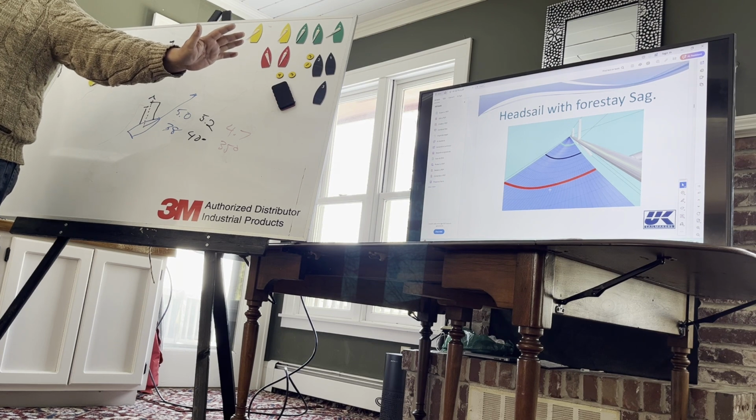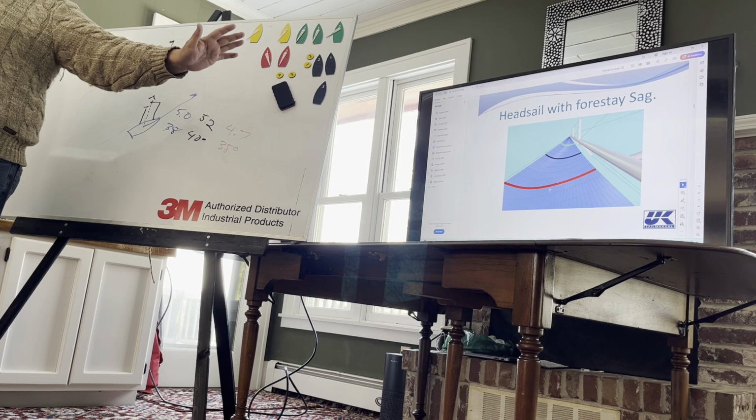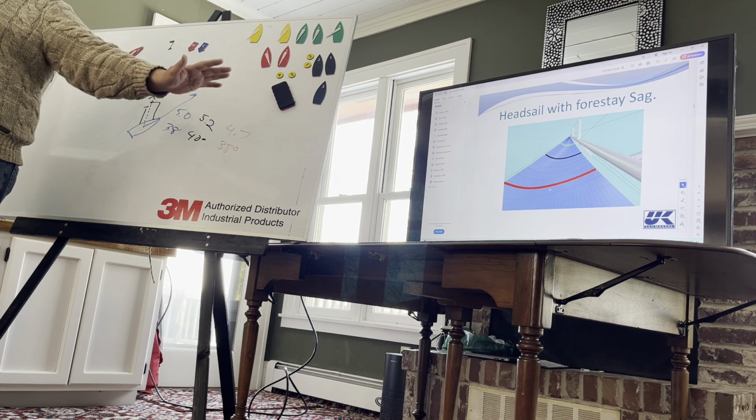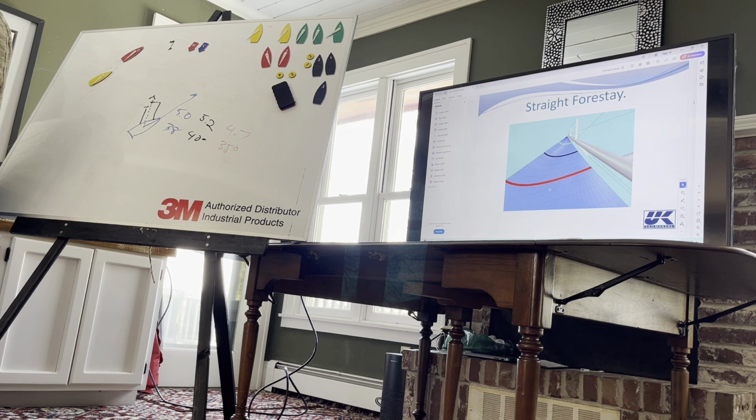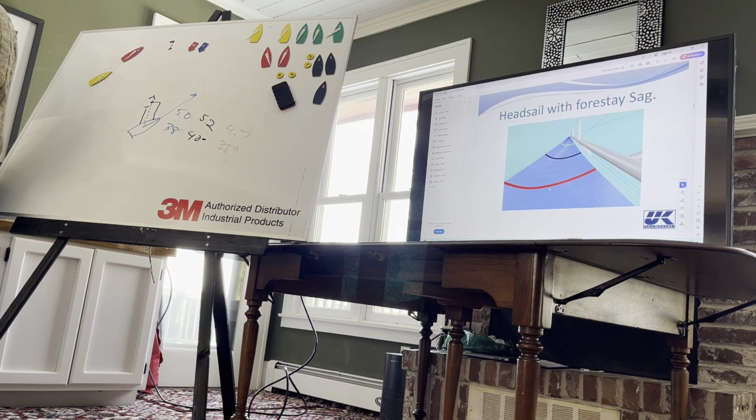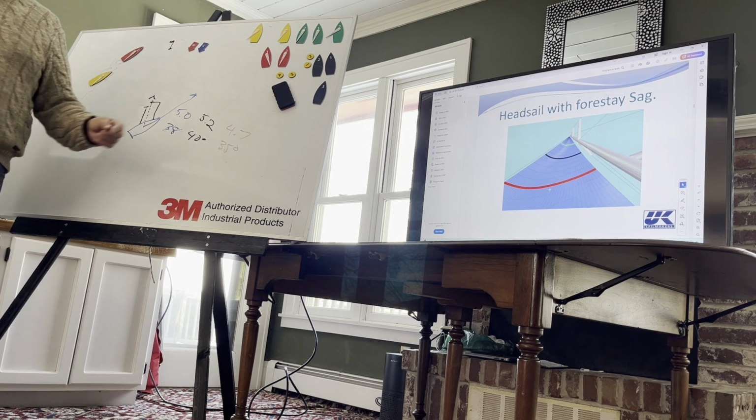And one of the things that I want you guys to do this summer is go through the tuning guides, which say you're supposed to have this rig tension for these wind conditions, and go out and sail and pull on the main sheet and ease it out. Pull it and ease it out. And I want you to look for this. You'll see it.